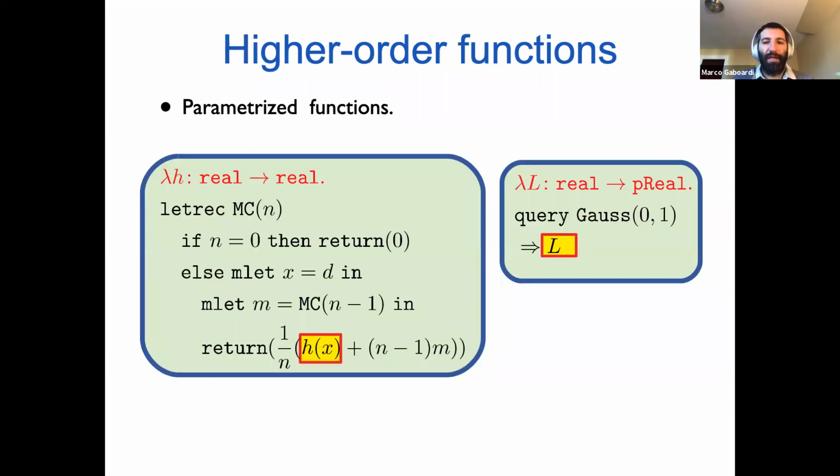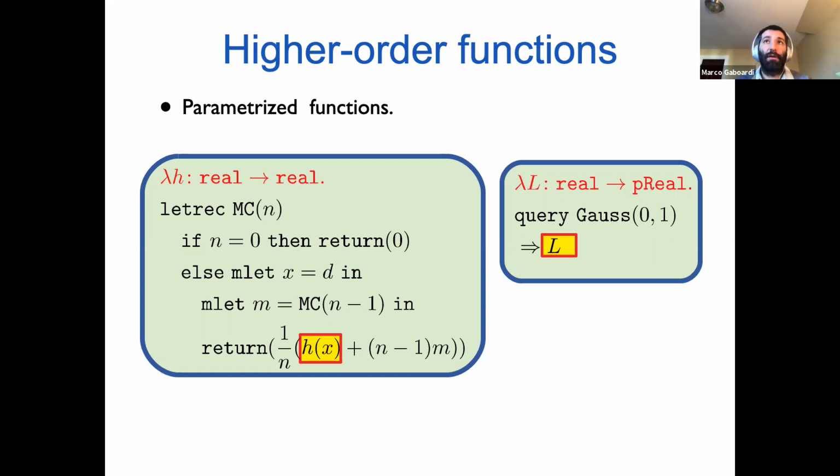Now, another component that we need to keep in mind is that we have higher order functions. Like in the example of Monte Carlo, we want to work with a function parameterized by some function itself. So in this case, we had our function h, which we want to reason about. And also more in general, we use likelihood functions. So in general, we really want to be in the realm of higher order.